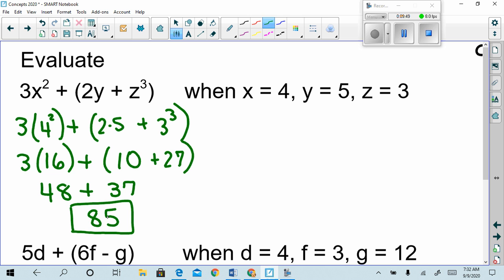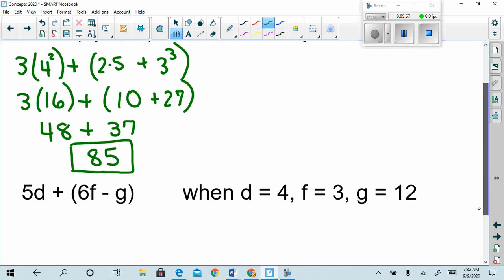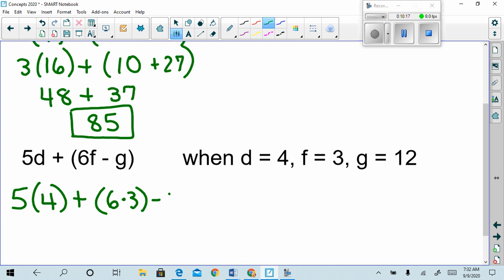Again, I'm going through it a little quicker. When in our live session, I will go through them slower, and I will also answer questions. One more, where D is 4, F is 3, and G is 12. 5 times 4 plus 6 times 3 minus G, which is 12.